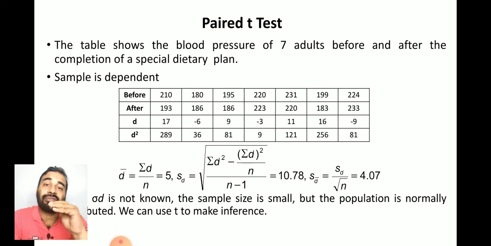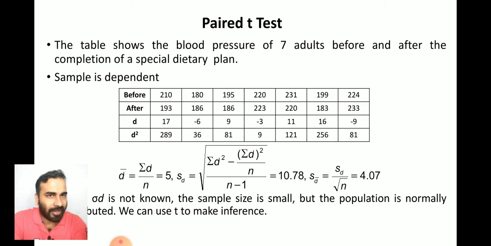First step, we have to find d. Small d is nothing but the paired difference. In the first case, 210 minus 193, the difference is 17. In the second case, his blood pressure was 180, but after the plan it increased by 6, so the difference is minus 6.